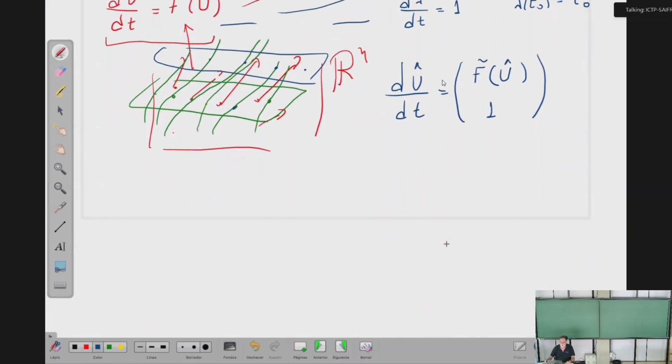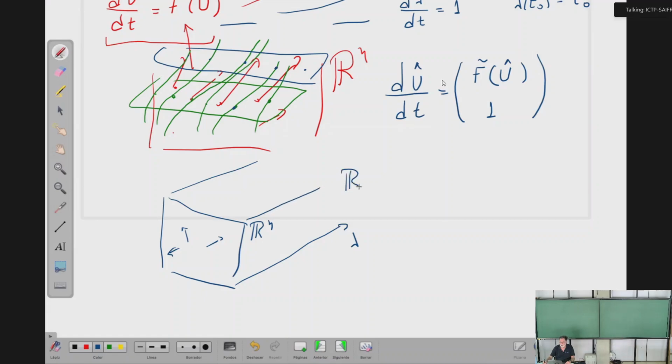So before, we had a system in Rn, and we had the vector field on this surface. Now we put in an extra coordinate, lambda, so we have Rn plus 1. Since we are adding this equation, these vectors now have a component in the other direction, so they are no longer in the surface, but go out of it.